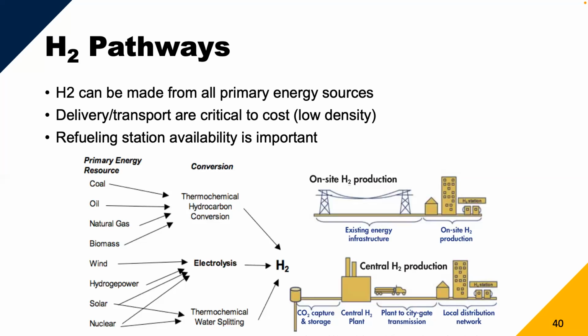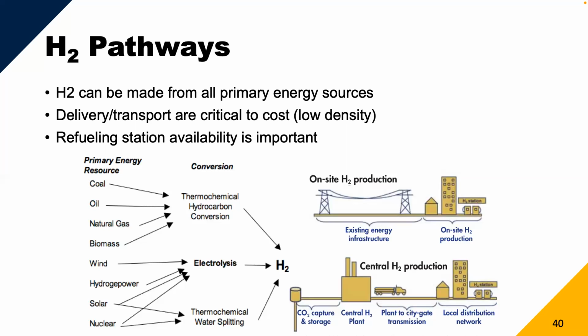The two main production pathways from an infrastructure perspective are, first, on-site hydrogen production. If I go to a refueling station, your equivalent of a gas station, all that hydrogen is getting produced right there on site. We call this distributed production.